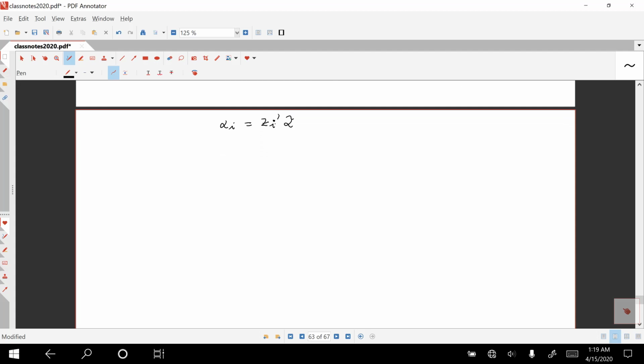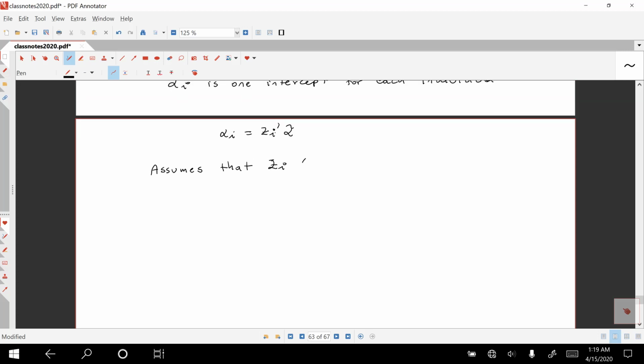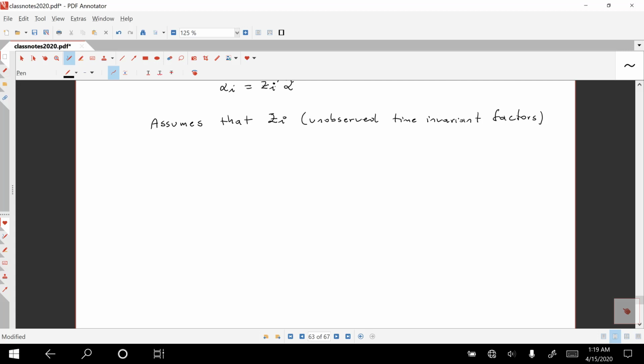A key assumption in this model is that the zi's, remember these unobserved time invariant factors, are correlated with xit. So that's a key assumption of this model.